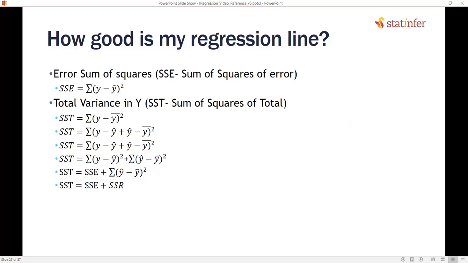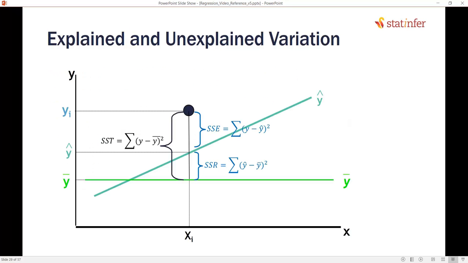We are trying to estimate, or explain, the whole variance in y. During that process we are making some error, that is SSE, and in some places we are doing it correctly. For example, let us suppose this is the actual value of y at this point.